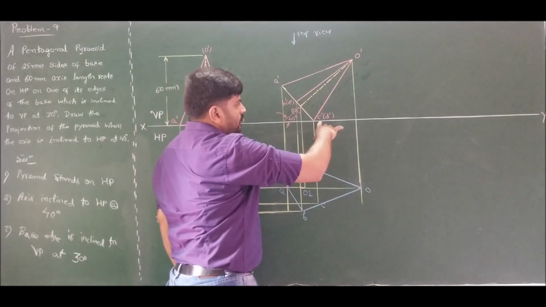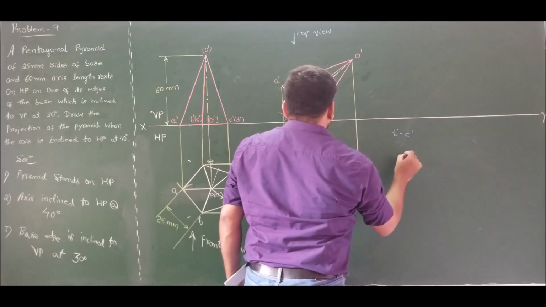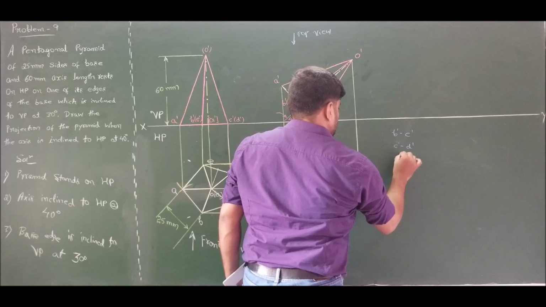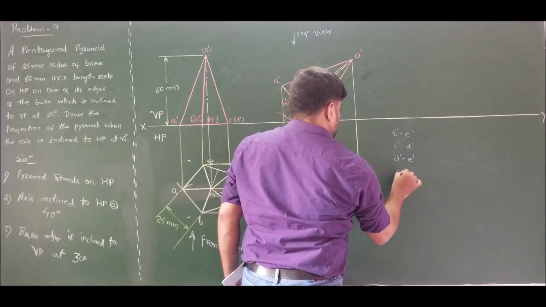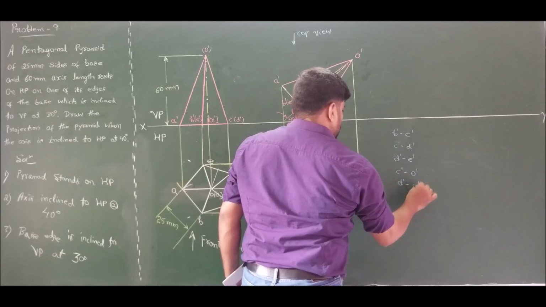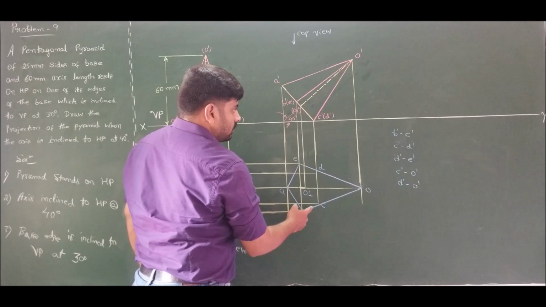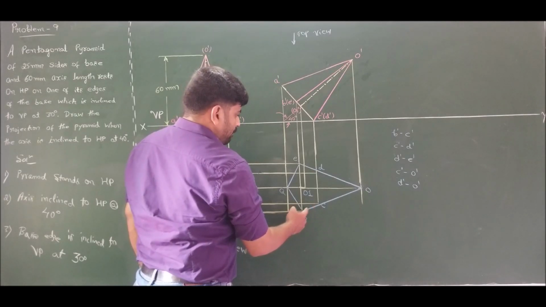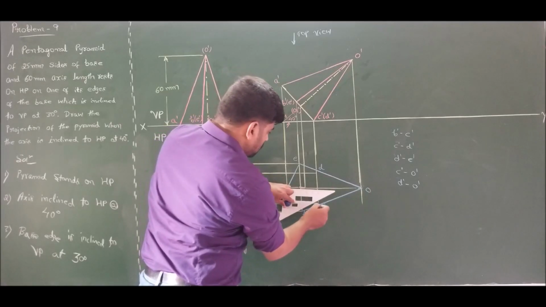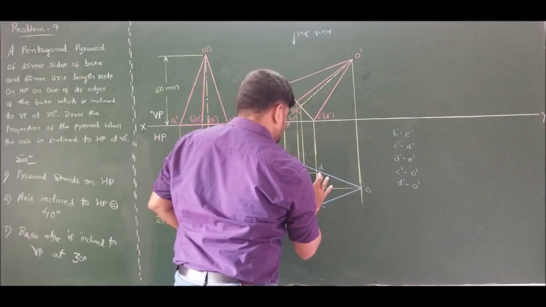The edges moving from the farthest corners to the observer are B prime to C prime, C prime to D prime, D prime to E prime, C prime to O prime and D prime to O prime. Now if I observe, B to C is not on the boundary, so mark it as an invisible edge. C to D is also not on the boundary, mark it as invisible.